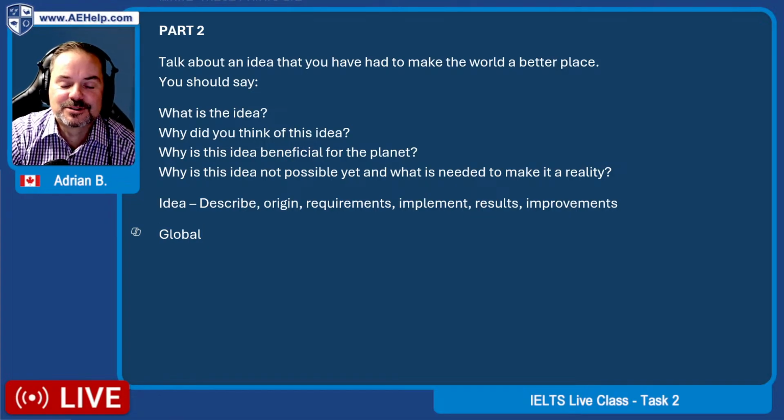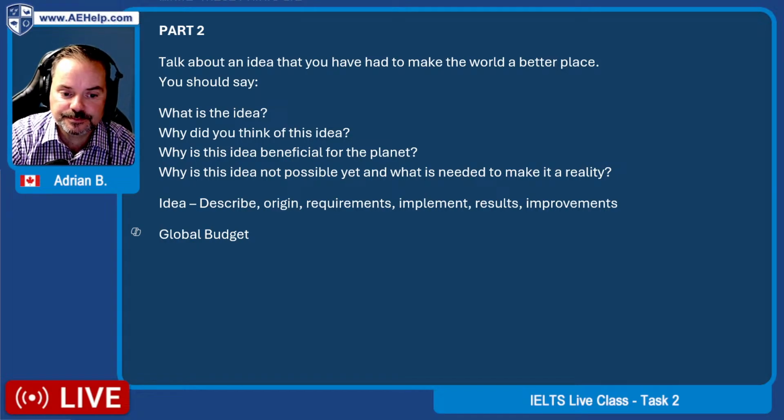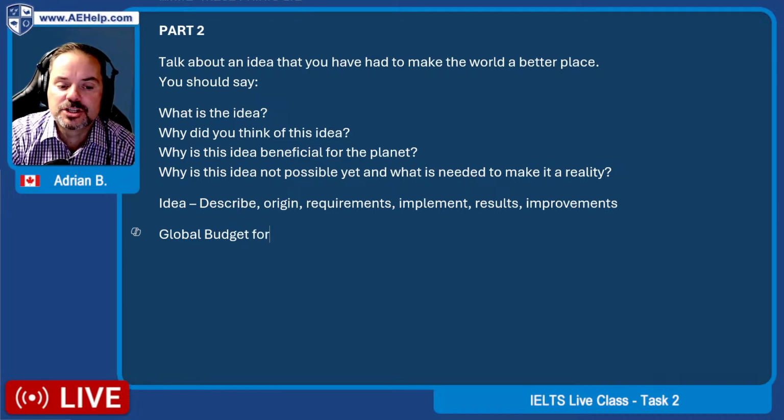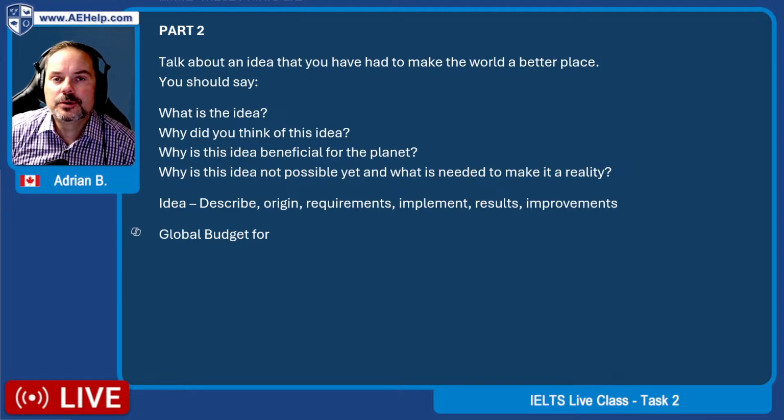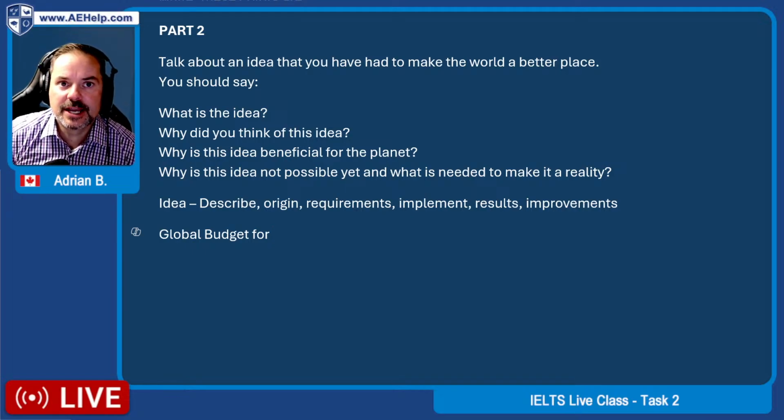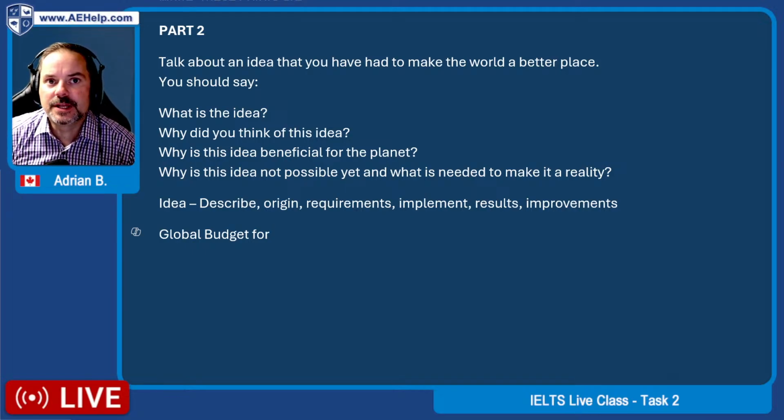Okay. Whoa, slow down. You're too quick. So you're talking about a global budget? Did I hear you correctly? Global budget. Okay, good. Now, wait a second, because you're onto something. I think it's a really good idea. So global budget for all of those types of activities like healthcare, etc. There's one word.